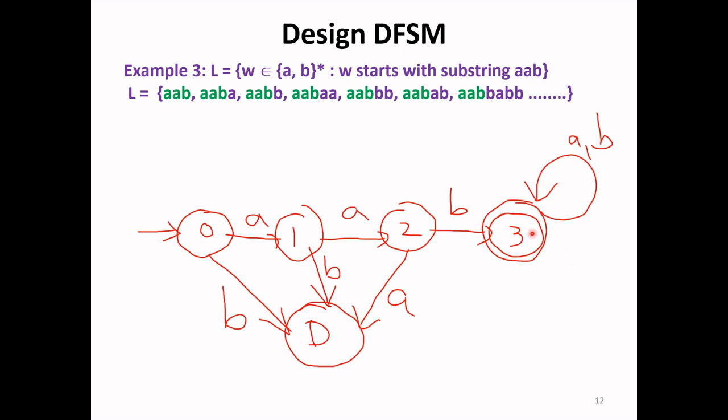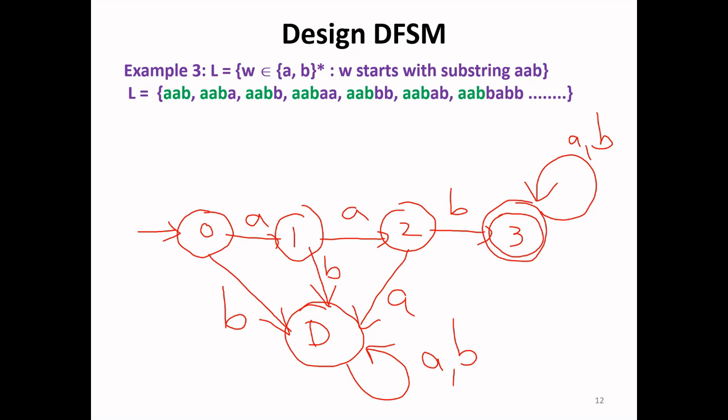Then having a self loop on the final state is correct according to the language. So state 0 we have balanced, state 1 we have two transitions, state 2 we have two transitions, state 3 we have two transitions. Similarly for the dead state or error state we'll have a self loop to balance the transitions.